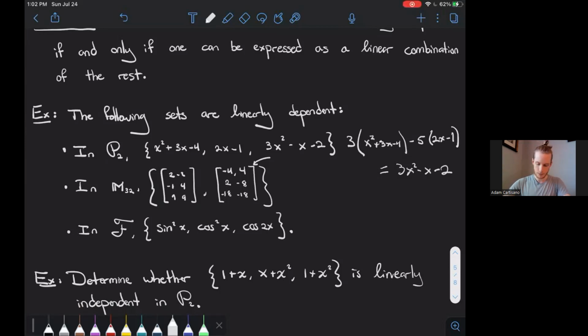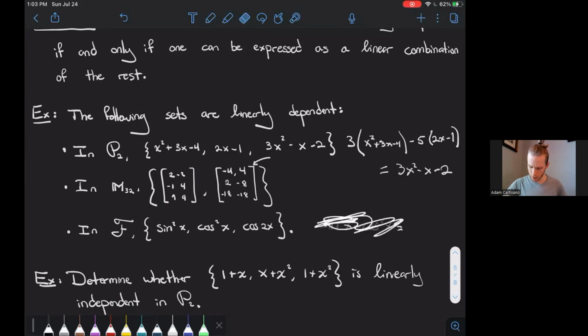The reason for that is because sine squared x minus cosine squared x. I might have that backwards. Let me check. I think it's cosine minus sine. Yeah, cosine minus sine.